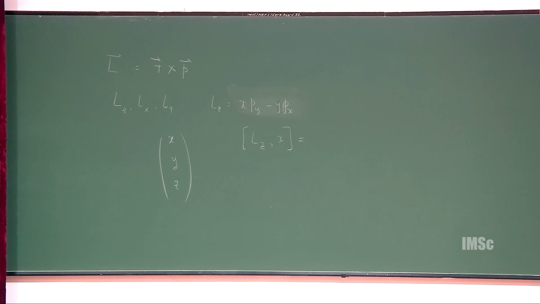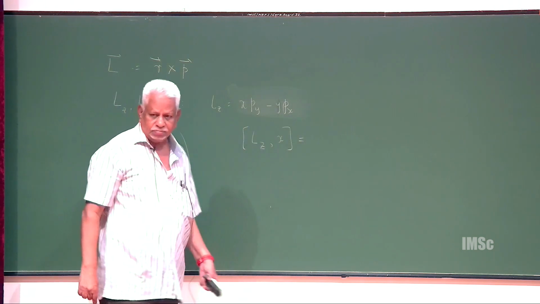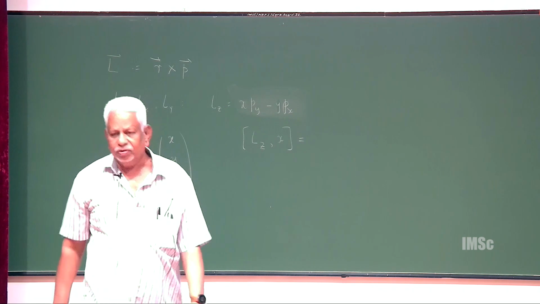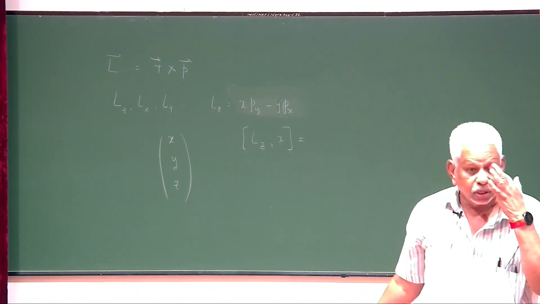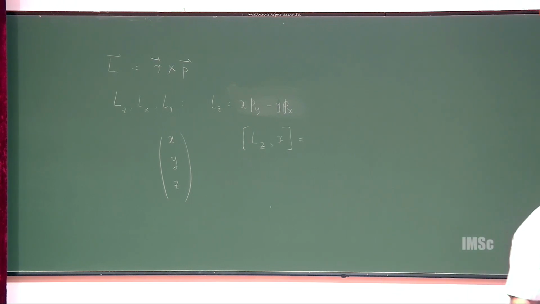Now, I ask the question, what is Lz with x? Lz with x, you can work out the commutator, right? You know how to work out these commutators, all of you. It is very simple.